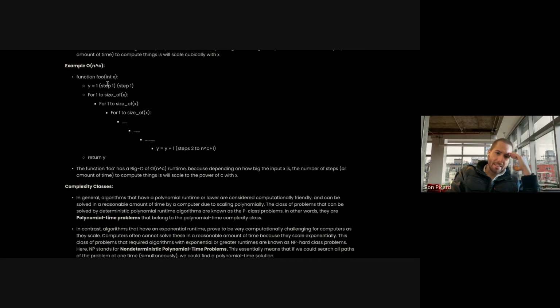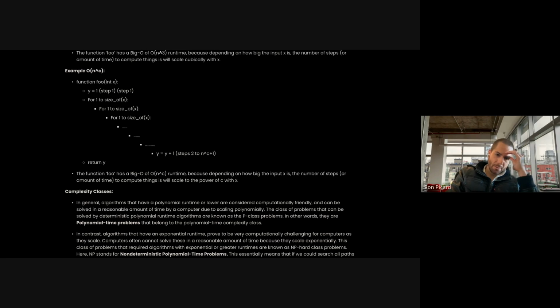And I don't think I did any examples where I showed exponential ones in terms of algorithms. Let me try to think real quick. Is there a way I could communicate exponential? Big O of c to the n, so we need the exponent to grow. So exponential would be like if I passed in x and y, and I looped through x, and then within it, the number of steps was determined by maybe a nested for loop within it that would be y, and then I just kept nesting x and y.